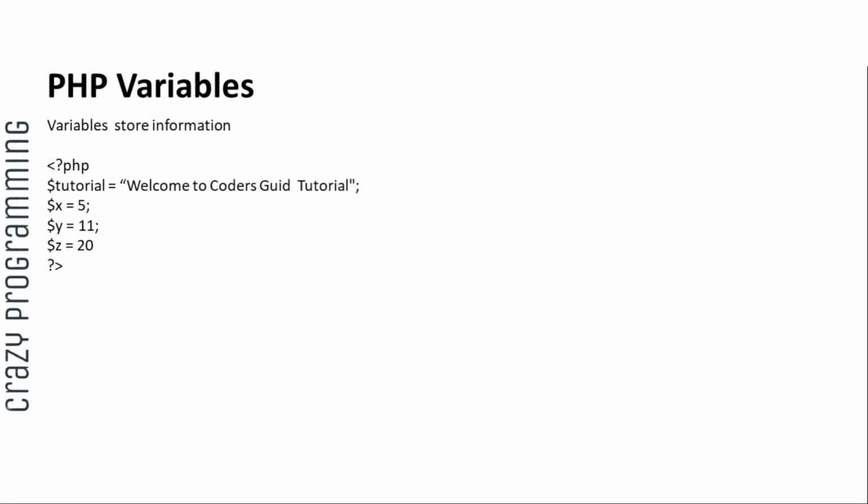After the PHP syntax, dollar sign, tutorial. Tutorial is a variable name equals to double quotation, and inside that I'm writing some string. The string is the value of that variable.